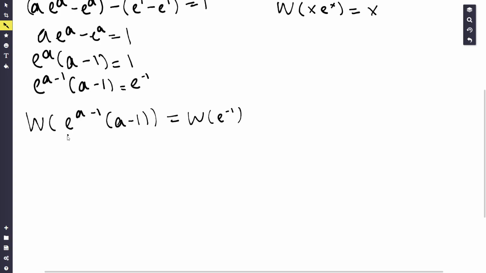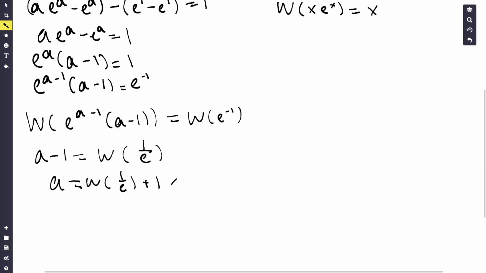So we see this will cancel and just give us alpha minus 1 is equal to the Lambert W function of e to the power of negative 1, or 1 over e. So our final answer is just going to be alpha equals the Lambert W function of 1 over e plus 1, which is approximately 1.27846.